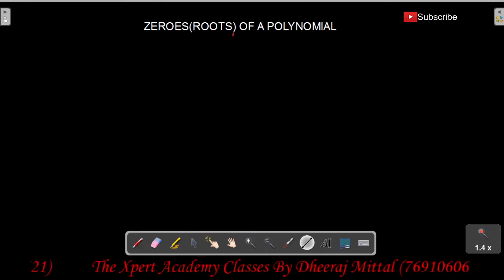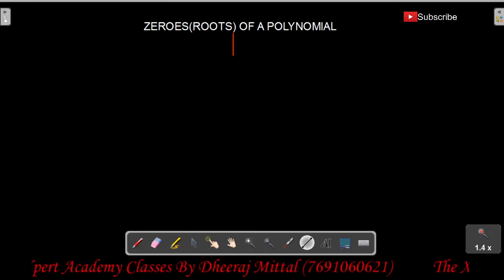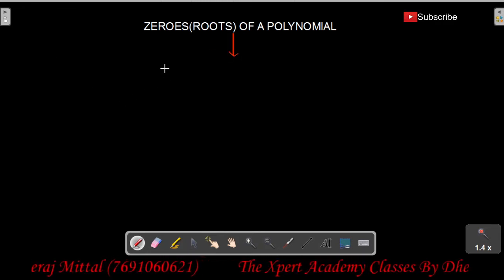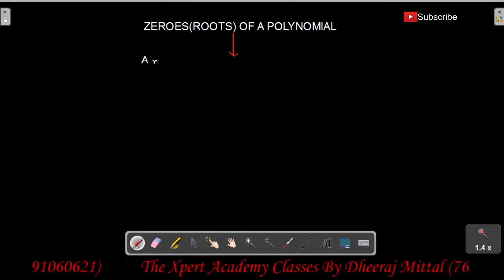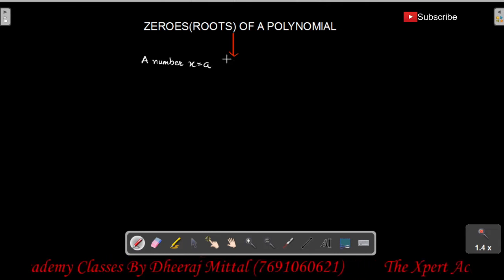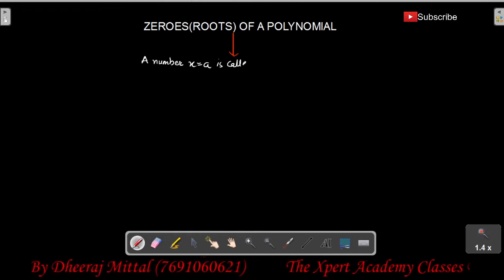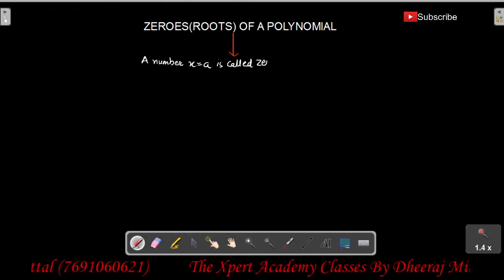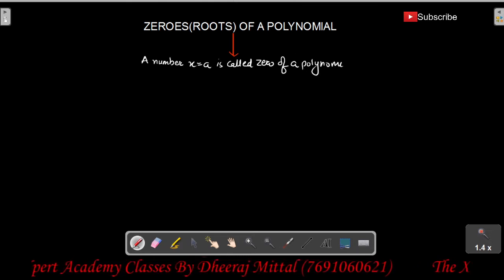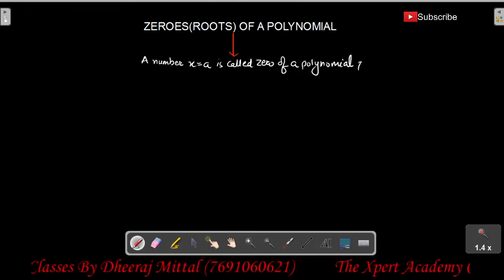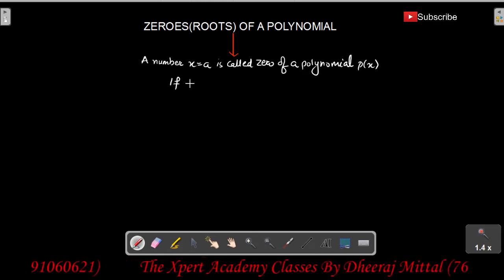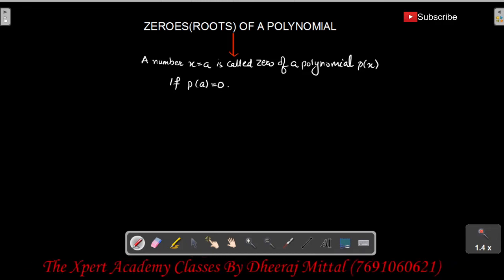We can define the roots or zeros of a polynomial as: a number x equal to a is called a zero of the polynomial P(x) if P(a) is equal to 0.